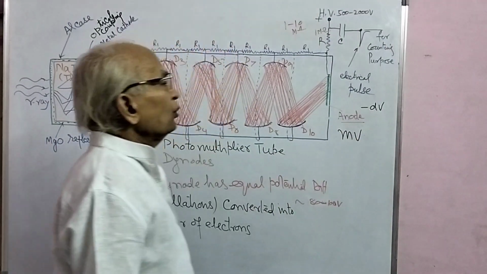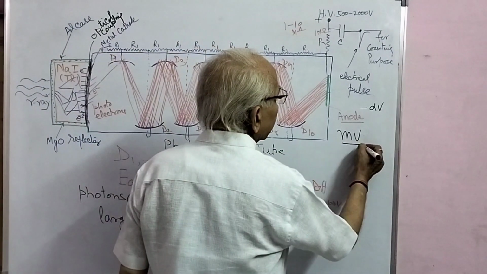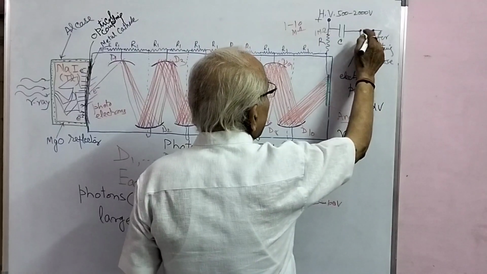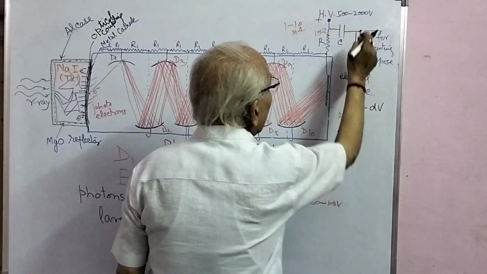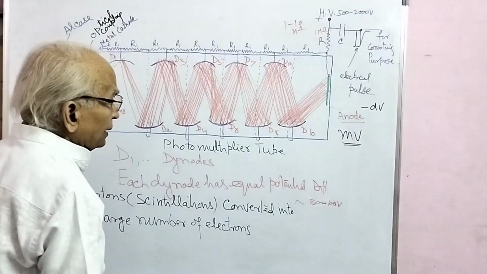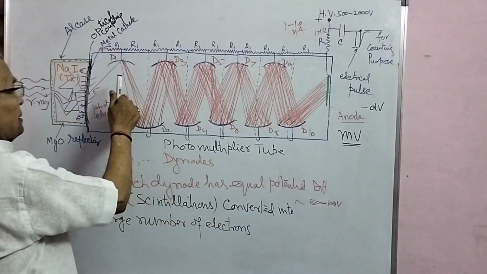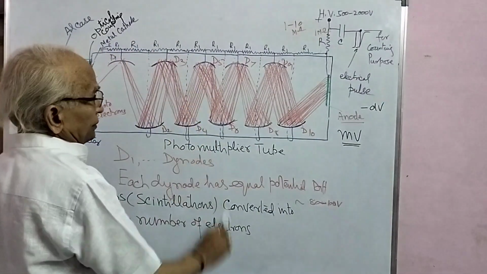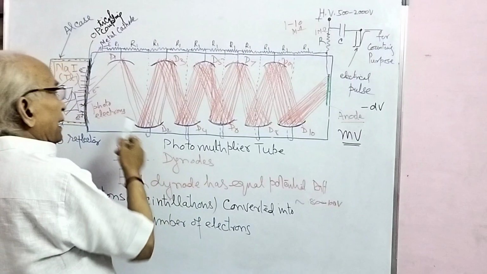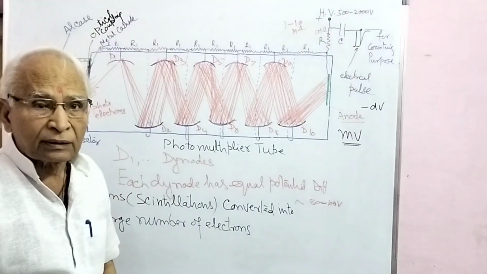This is a few millivolts, order of millivolts. So this negative pulse produced here is a few millivolts. And remember that this depends upon the charge collection. Charge depends upon the number of diodes, and at each diode what is the multiplication.